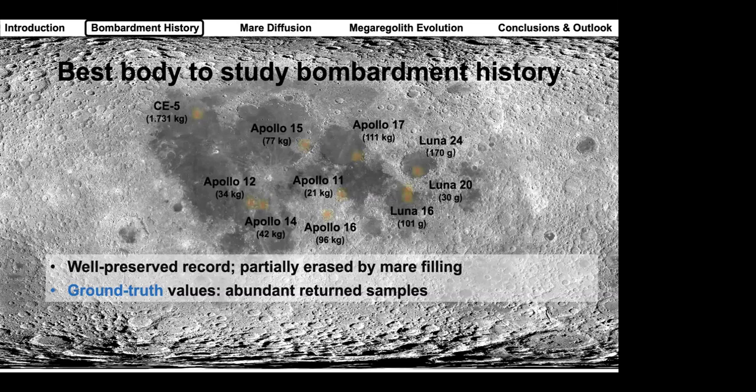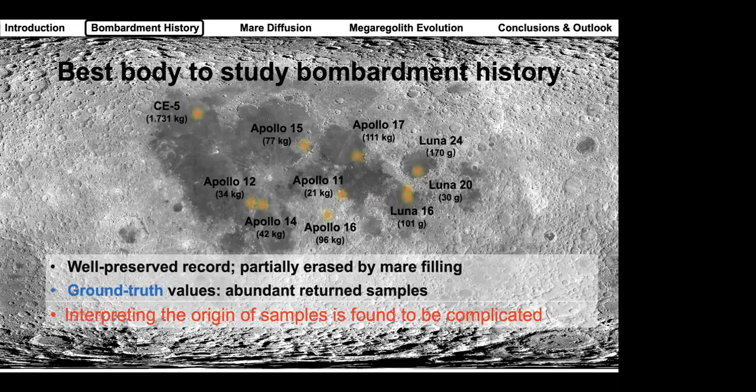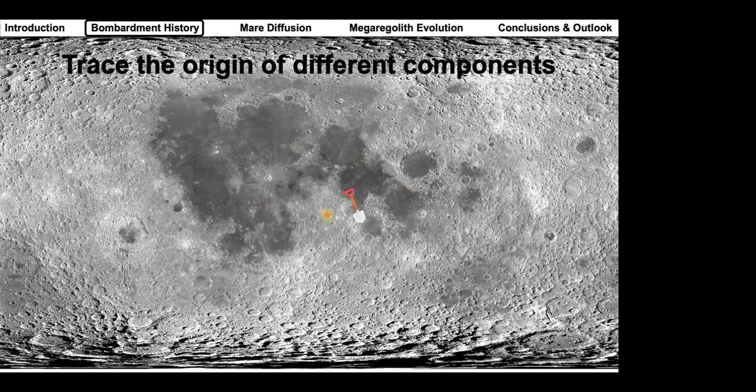However, it has been found not as easy as people expected. The main reason is that it is very, very difficult to understand the origin of the different components contained in the lunar samples. Assume this is a piece of sample collected from the Apollo 16 sampling site.